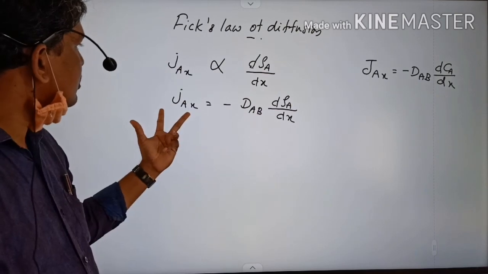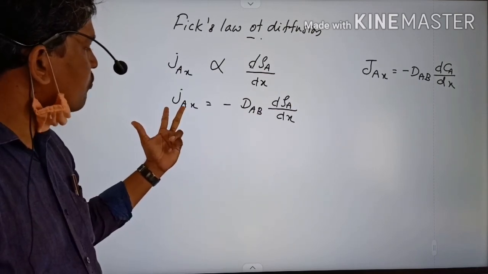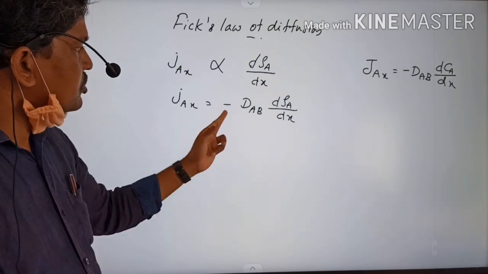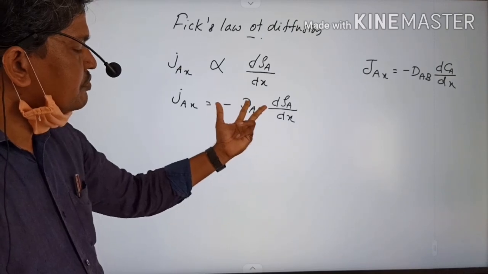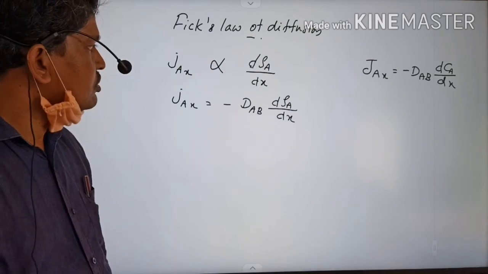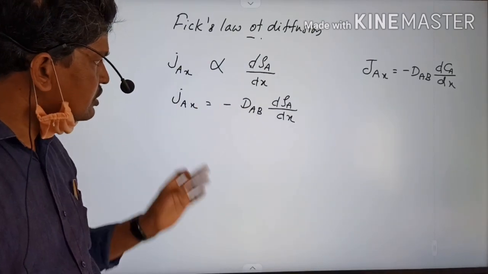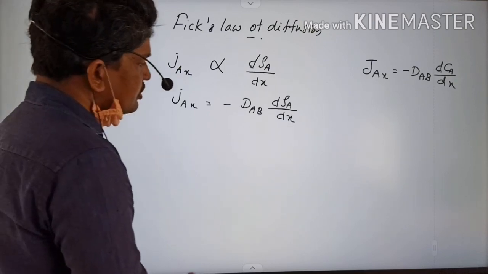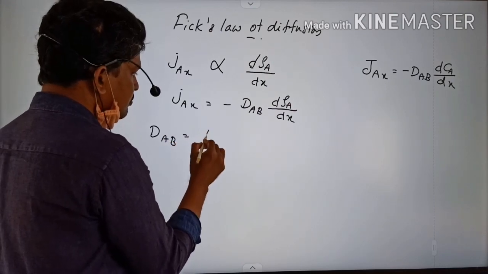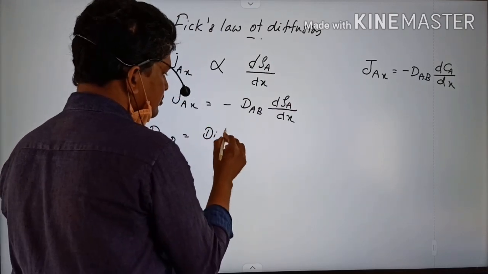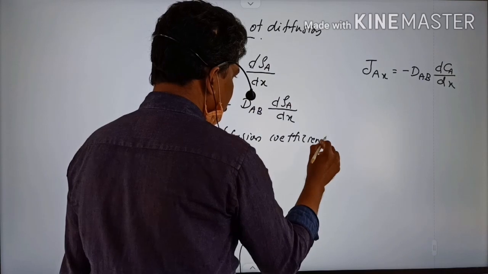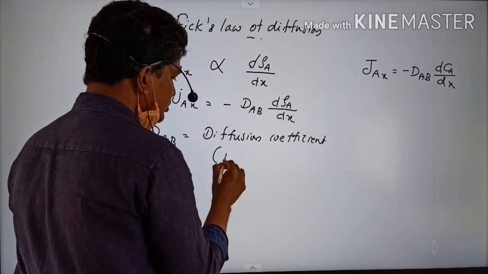So on a molar basis, the mass diffusion flux of component A in the x direction is equal to a constant into the concentration gradient in that direction. Here this constant DAB is known as the diffusion coefficient, or the mass diffusivity.